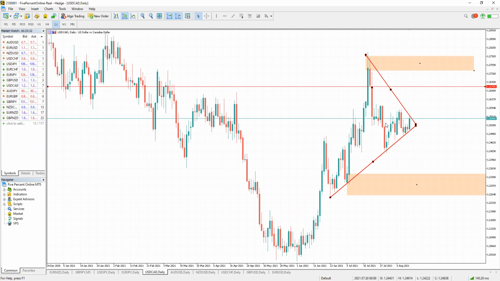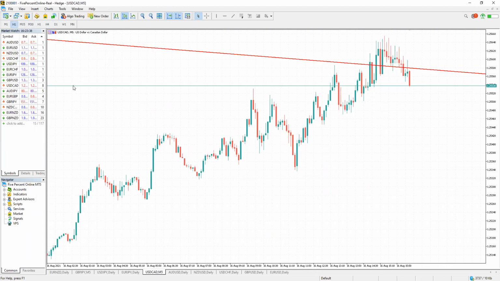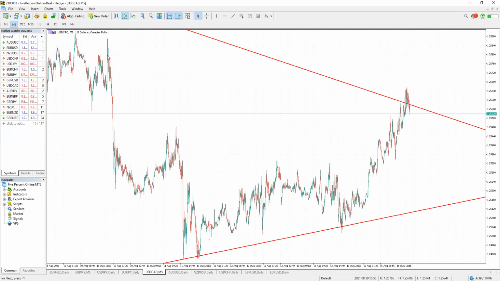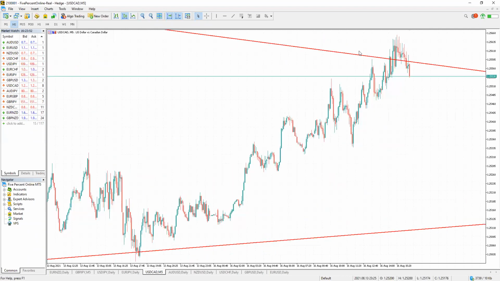So I know there's plenty of traders trading the USD CAD right now. In fact, if we go to the 5-minute chart, you can see all day it was trending up, but then as we approach this resistance back here, we start seeing all the tails on the bottom part and then selling opportunities.